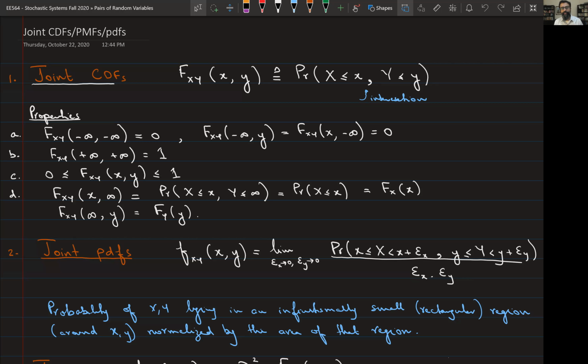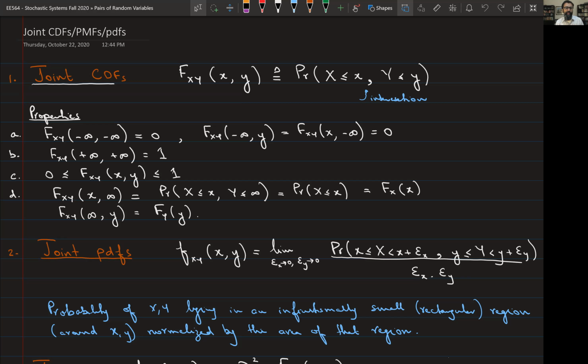And we said that the way to characterize them is through joint distributions. So one of the things we learned was something called a joint CDF, or a joint cumulative distribution function, and that is defined as the joint probability of the event that the random variable capital X is less than or equal to small x, and the random variable capital Y is also less than or equal to small y.